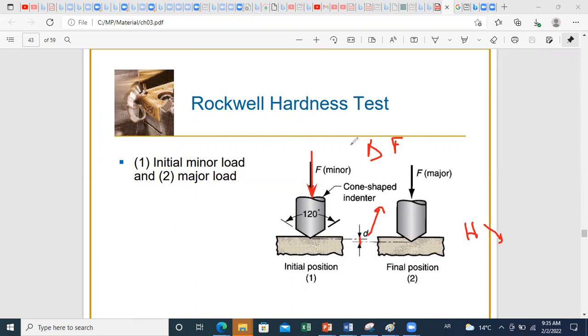We have different scales for the previous test and the Rockwell test, and each one is characterized by a certain formula. We will develop these formulas together next time, go over them, and do some problems to practice how to determine hardness using the parameters of the test.